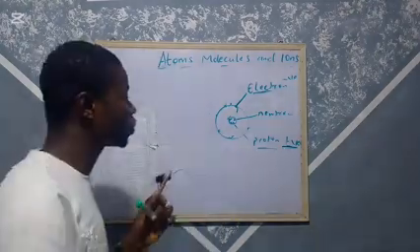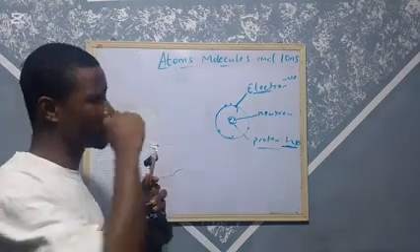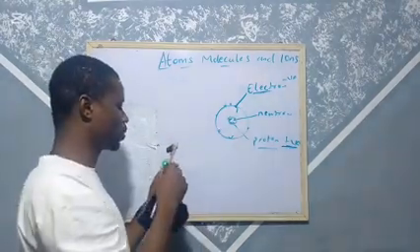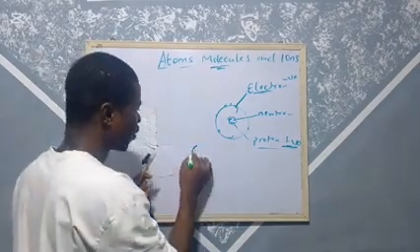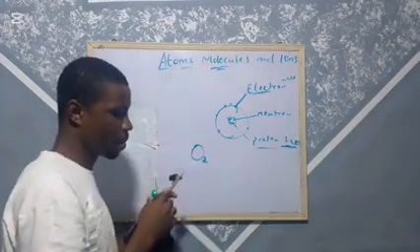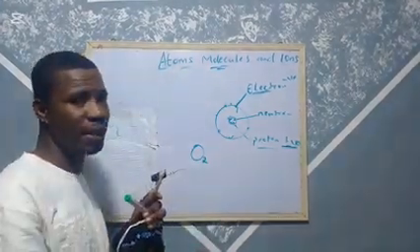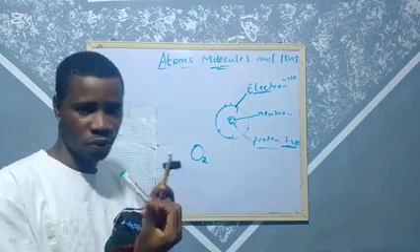Another thing I want to discuss is ions. But let me talk about molecules a bit. For instance, if you have oxygen like this, this is an oxygen molecule, and a molecule is comprised of atoms.